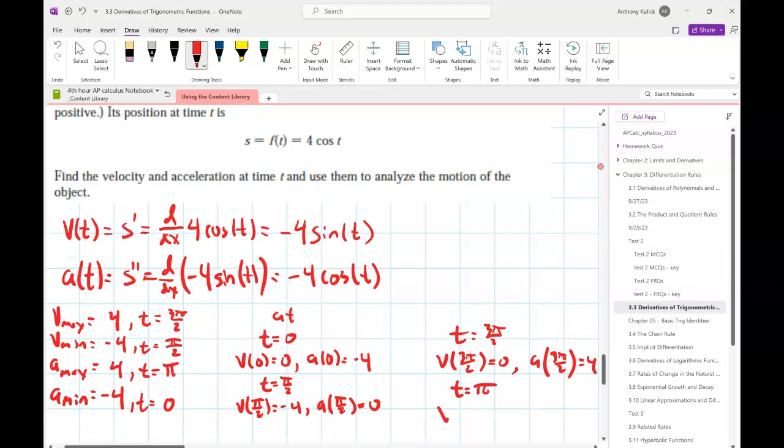And then the last position is at pi. Here the velocity is at its maximum. It's zooming down, and the acceleration is now at 0 as it's starting to slow, as it's beginning to stretch now, right?